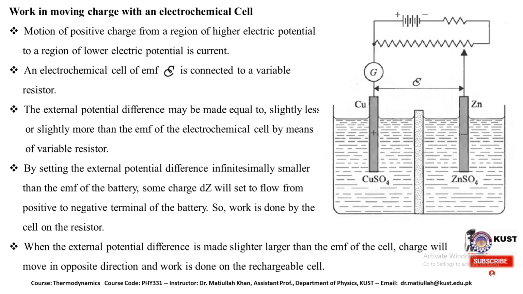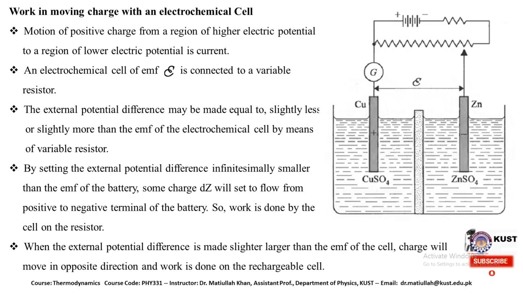When it is larger than the EMF of the cell, what happens? Charges will move in the opposite direction and work is done on the rechargeable cell. The charge that moved in one direction in the first case will now move in the opposite direction. What will be the consequences?